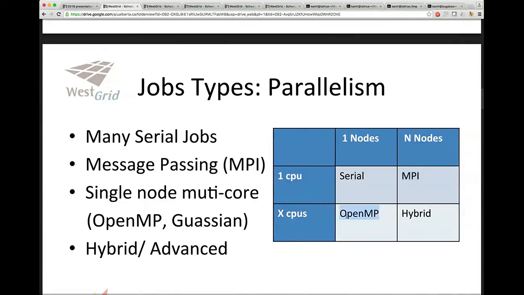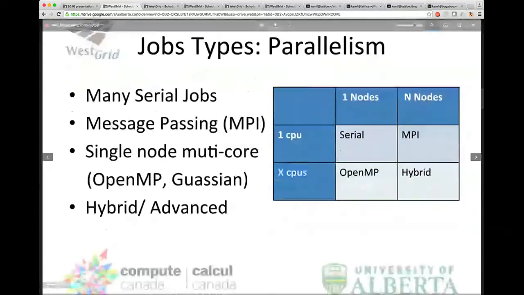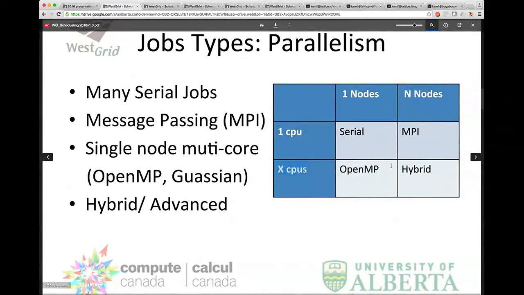And a fourth type of parallel job is a hybrid job that basically uses both nodes and CPUs. So that's a hybrid type job.